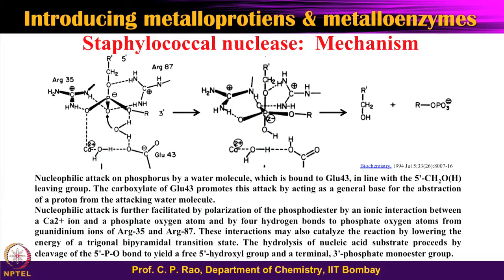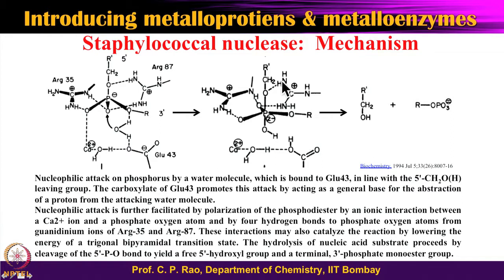Let us look at the kind of things that happen in this. What does it basically do? So, it is a phosphate and sugar bonding. I am sure you are aware of it in the nucleotides. So, it is that particular bonding which gets hydrolyzed. Okay. So, it separates the phosphate and separates the sugar part of it. So, that is what is happening.